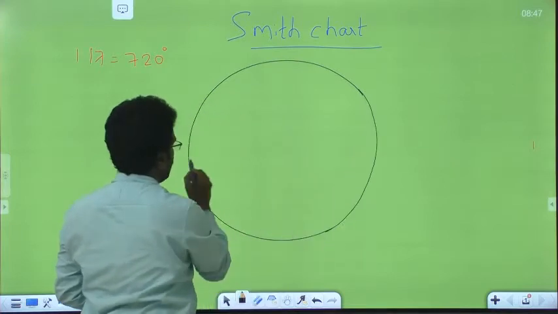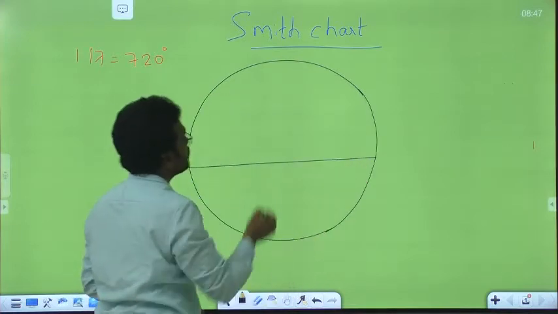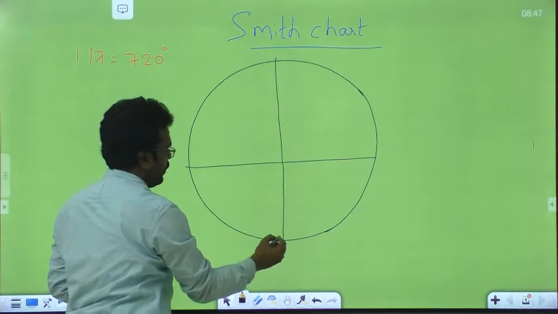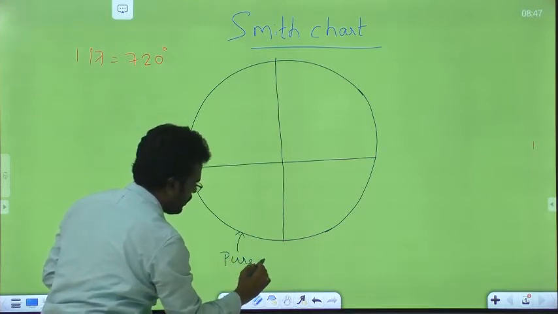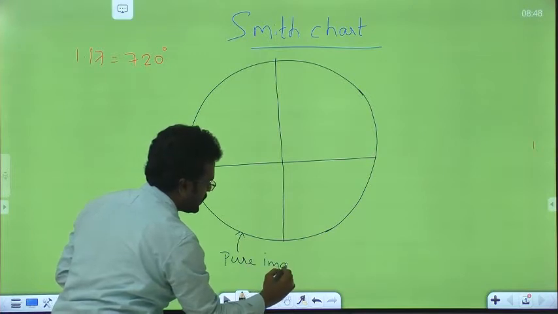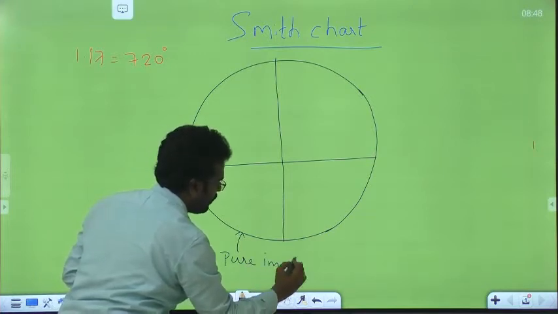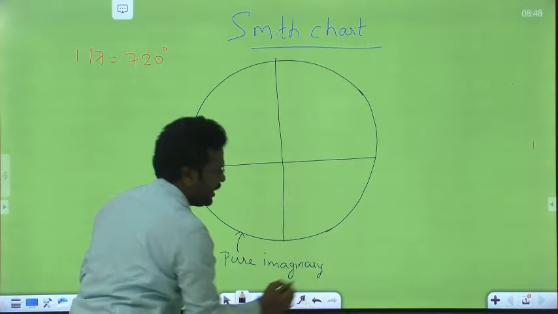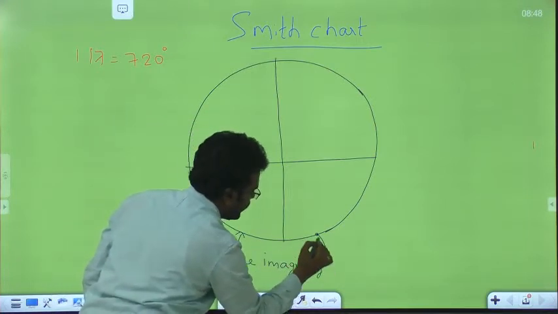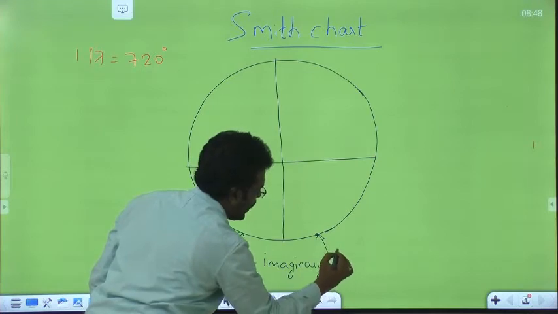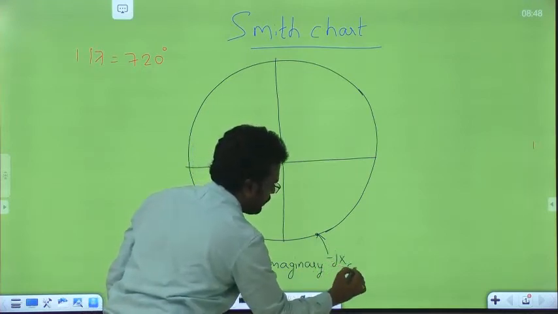So this is a Smith chart. The outer circle is purely imaginary. That means it contains only reactance.